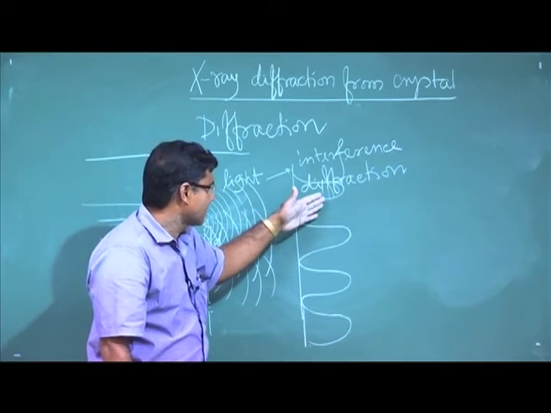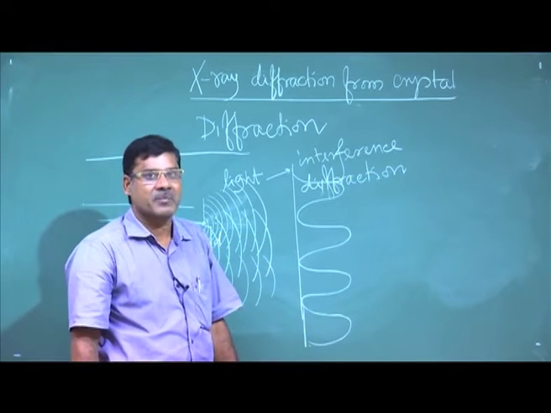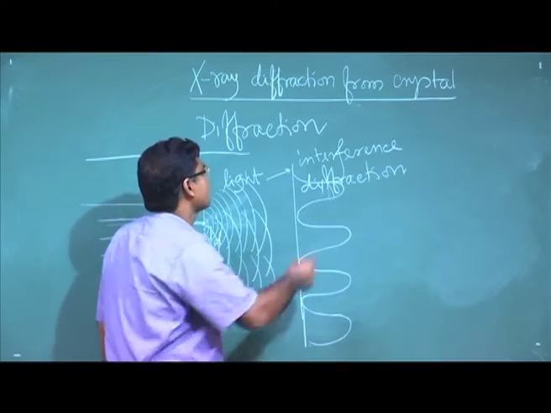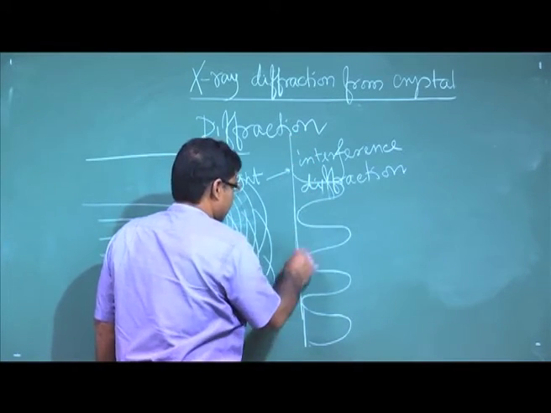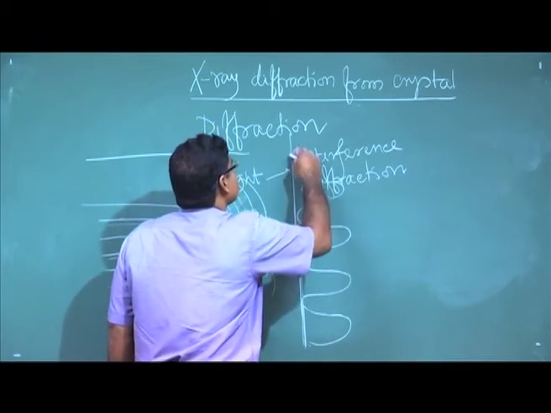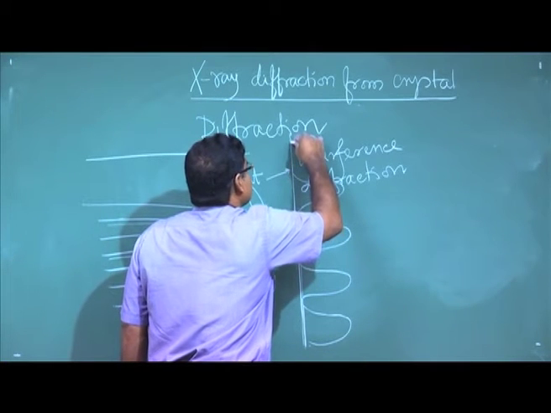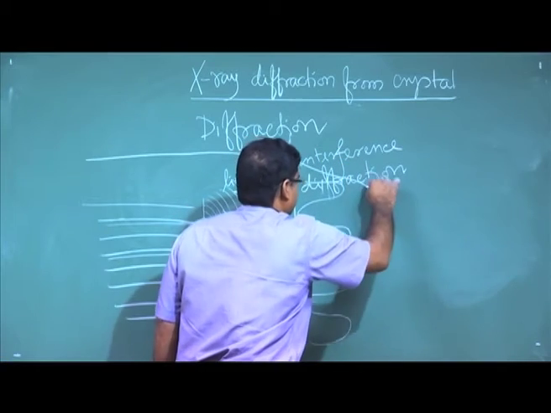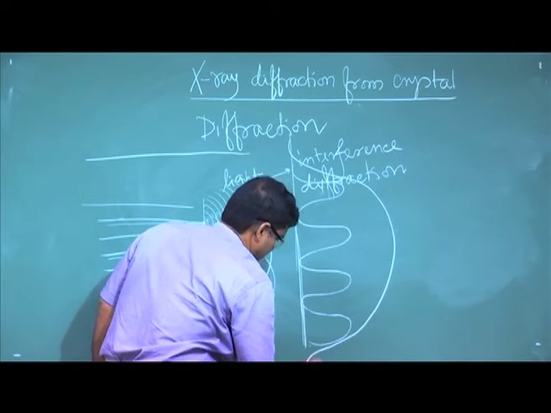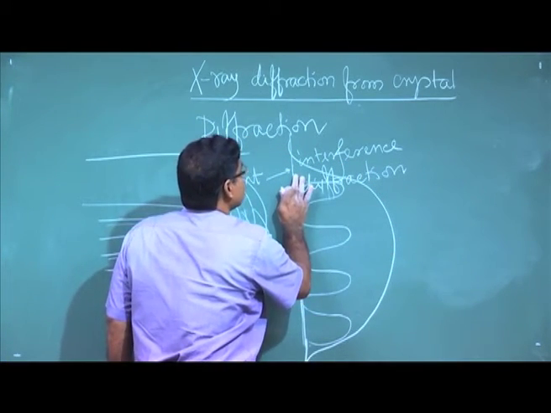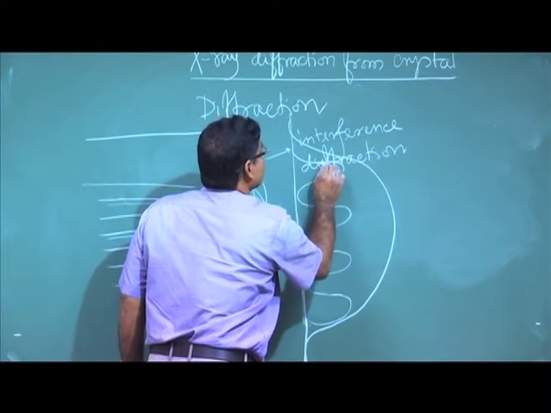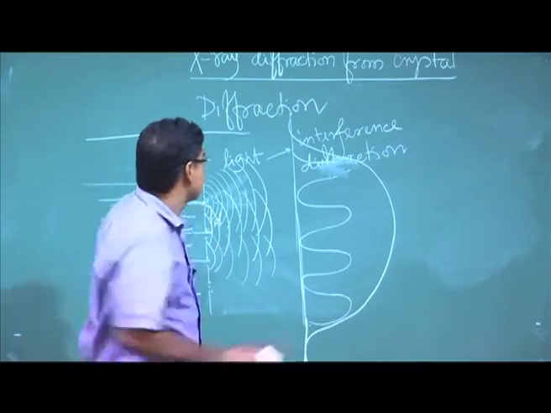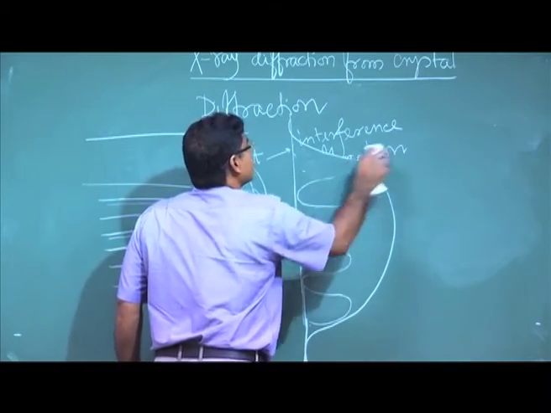But the intensity distribution will not be like that. It is modulated by the diffraction pattern of the single slit. So you get an intensity distribution like this.